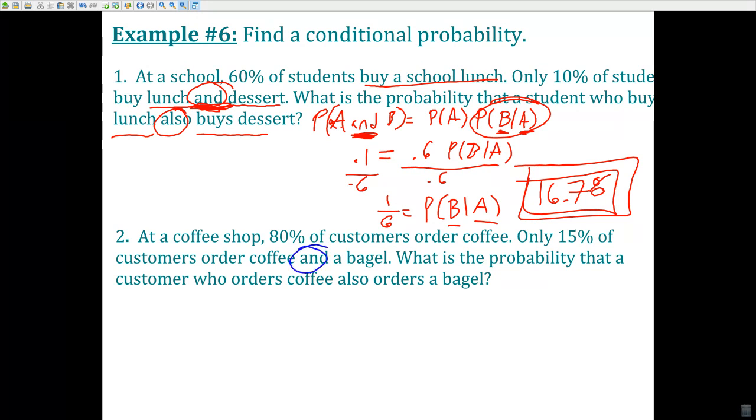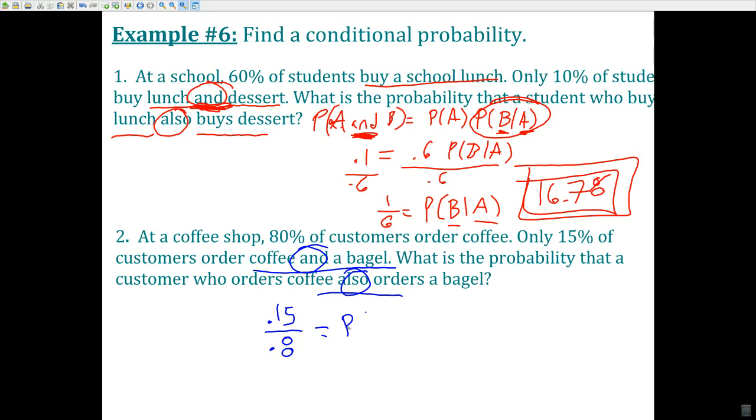Notice they use the same verbiage here, right? Also, right? It's the same problem. So if you want to jump to that answer, that's totally fine, because you did 0.15 divided by 0.8, right? Or 15 divided by 80. That's another way you could have done it.